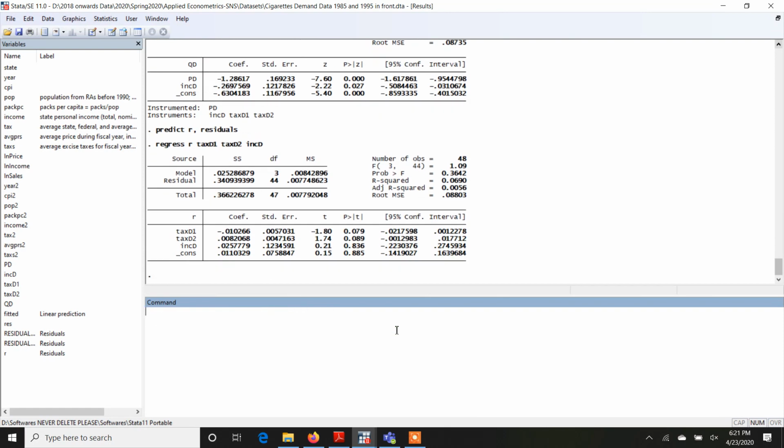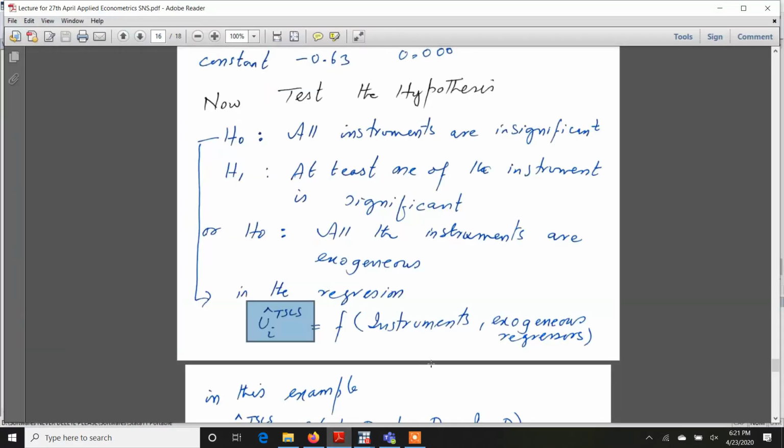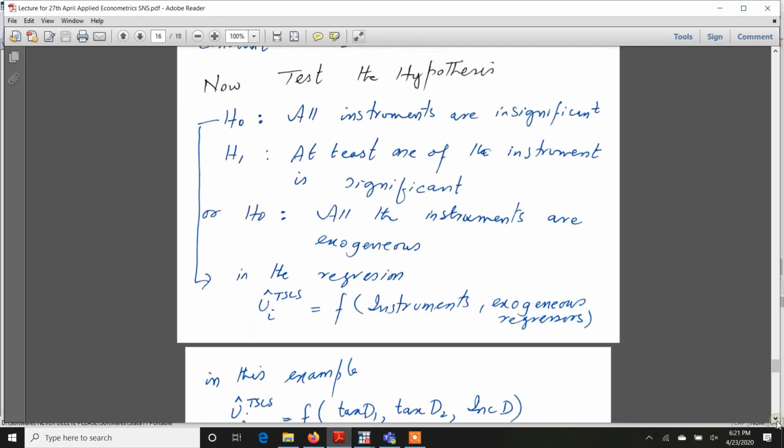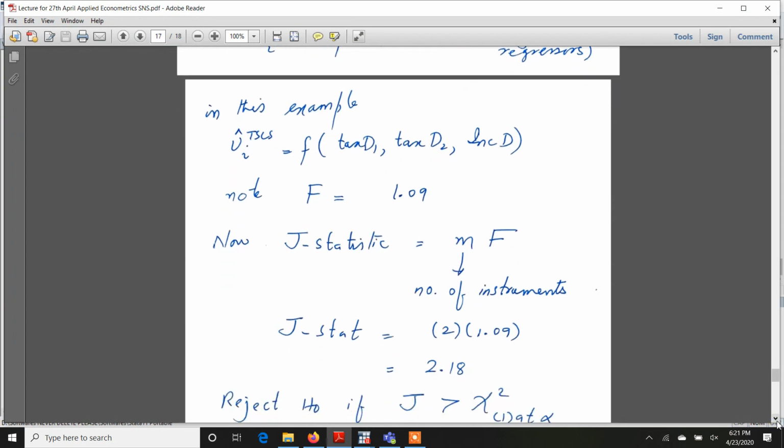So you see, this is the value of F from this regression, 1.09. Note this value of F, 1.09. Now you calculate a statistic called the J statistic, which is equal to M times F. The value of F is 1.09, M is the number of instruments, so the J stat comes out to be 2.18.